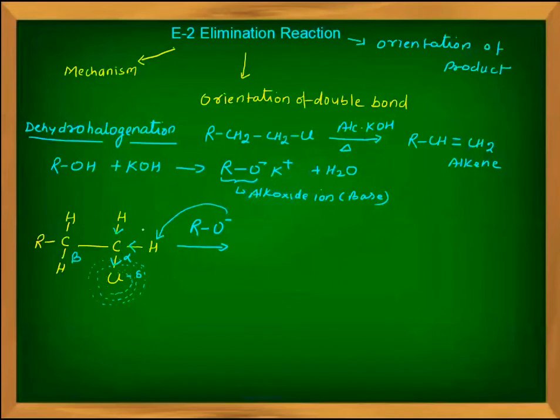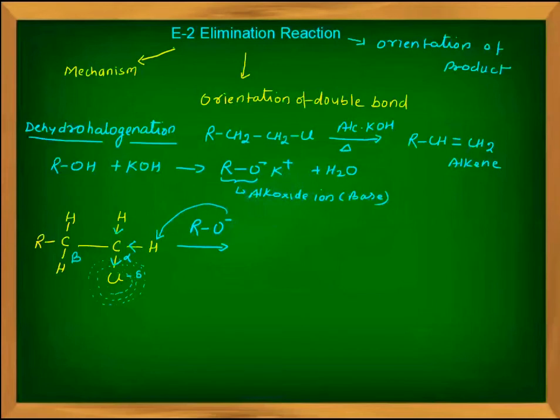Therefore, both of these hydrogens are present at equal distance from the chlorine. So it is very difficult for the base to abstract the alpha hydrogen.